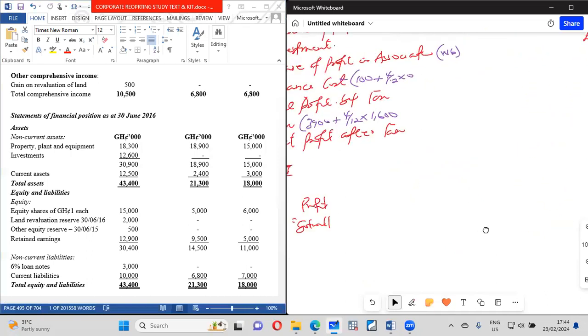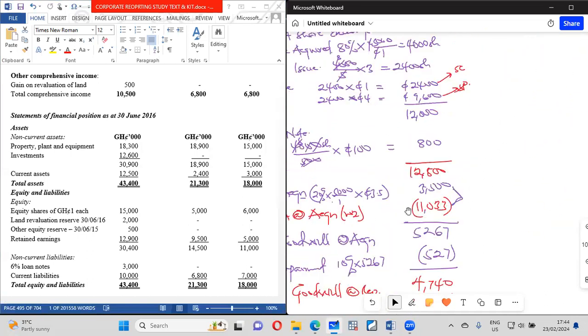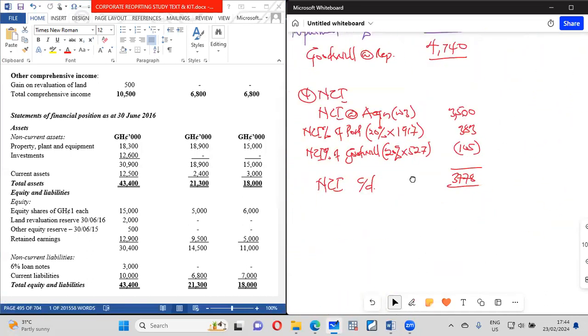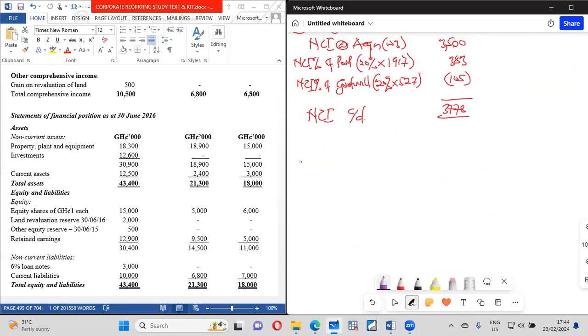All right, so I come to my workings 5, and since there is an associate, my workings 5 will be done in conjunction with the associate. So group retained earnings.